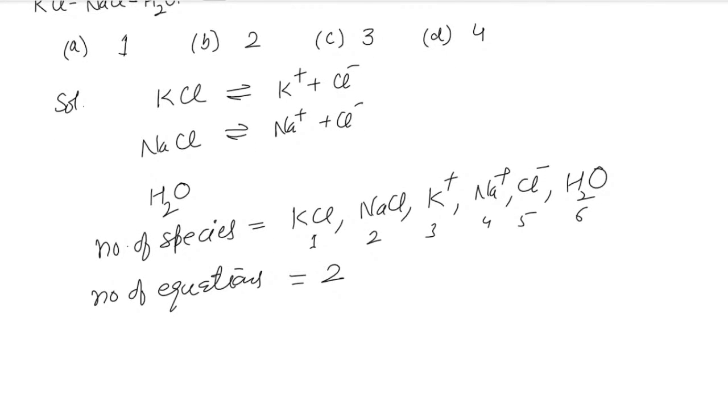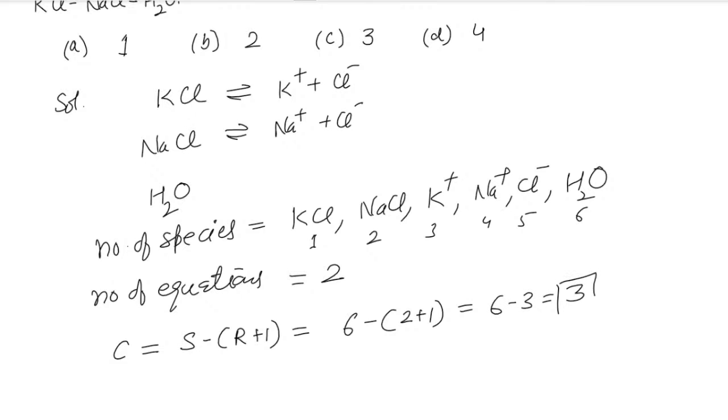Actually for any ionic reaction, components is equal to S minus R plus 1. So S is 6 minus 2 plus 1, so 6 minus 3 equals 3.